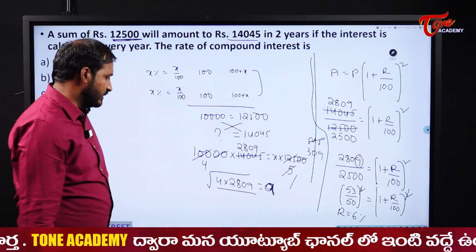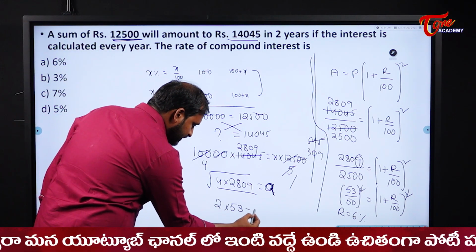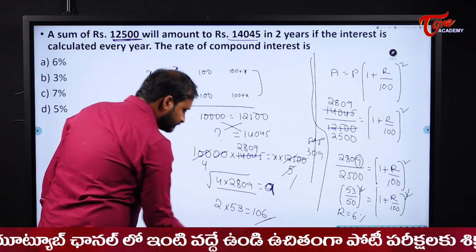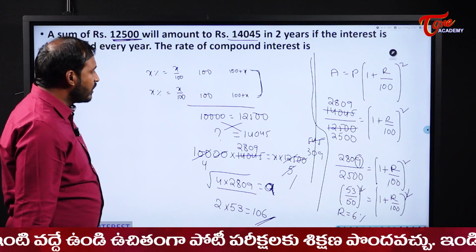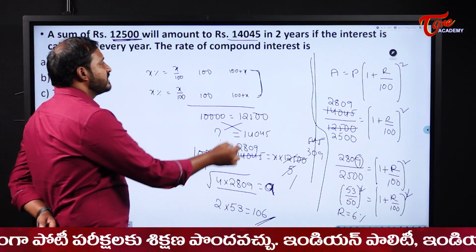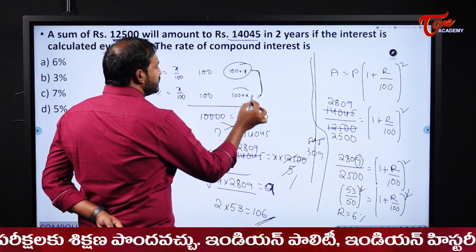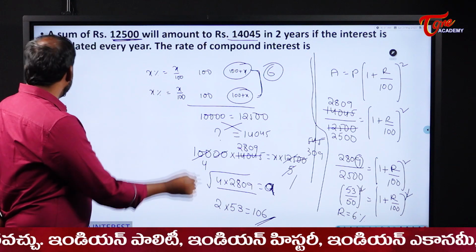Please try to square root it. So what does it become? 2 into 53, which is 106. That means instead of 100 + x, I should have 106. So what is the value of x here, students? 6. Like this also you can find.